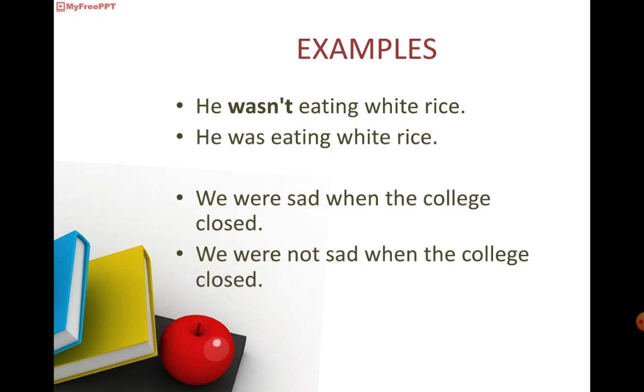This is a positive sentence though the feeling is negative. So, a negative sentence can be arrived at by adding not. So, the answer is we were not sad when the college closed, or we can also say we were happy when the college closed.